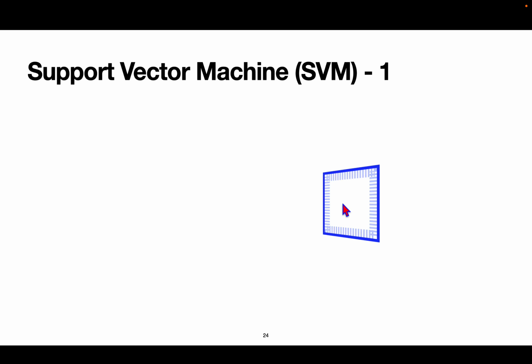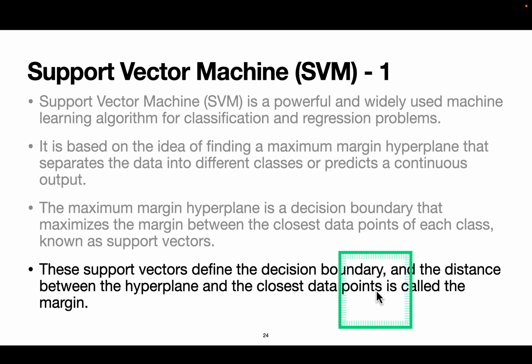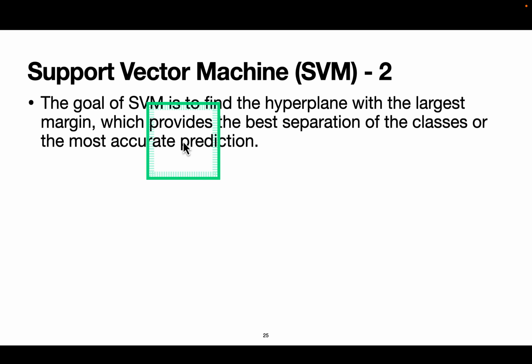These support vectors define the decision boundary, and the distance between the hyperplane and the closest data points is called the margin. The goal of support vector machine is to find the hyperplane with the largest margin, which provides the best separation of the classes or the most accurate prediction.